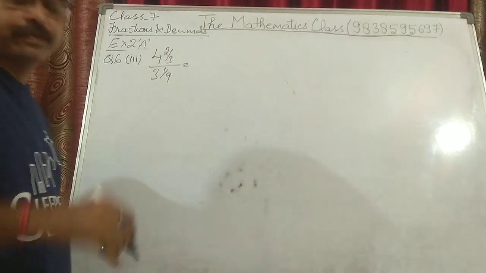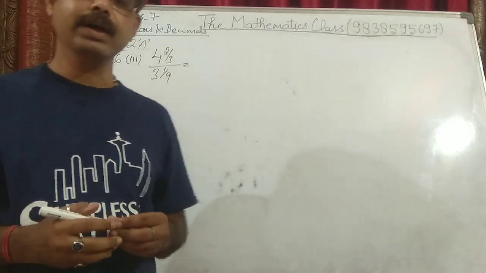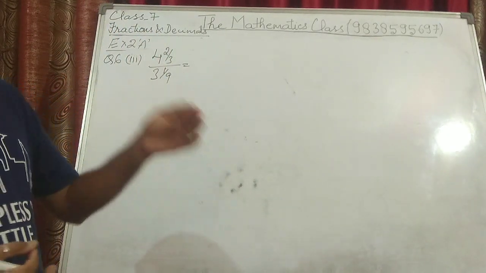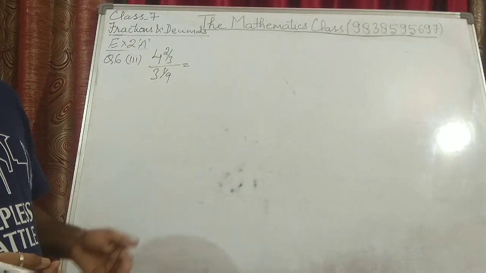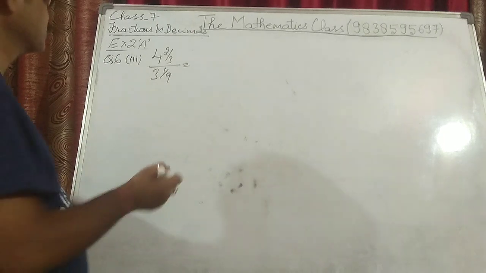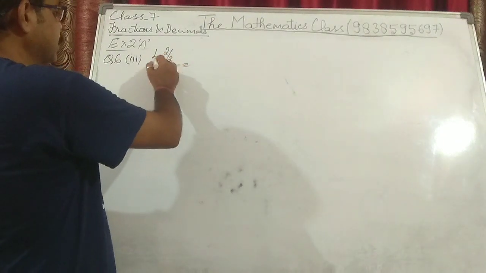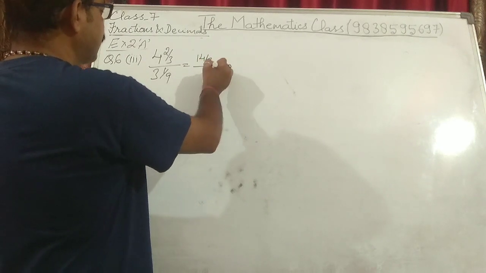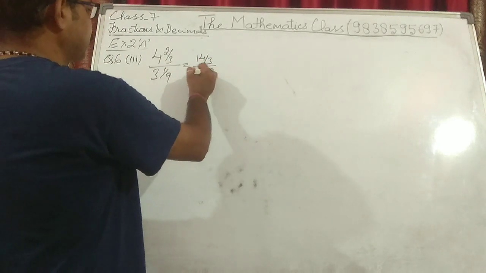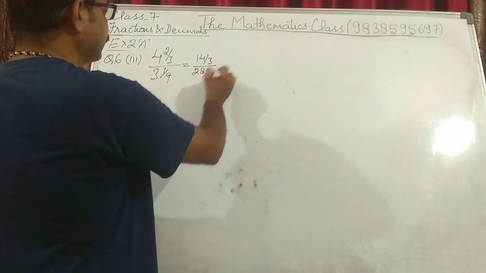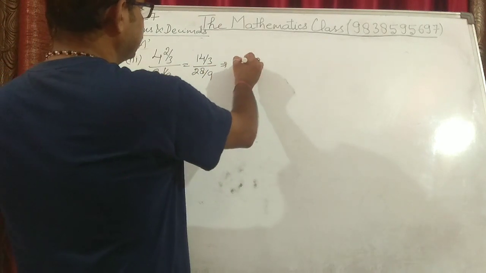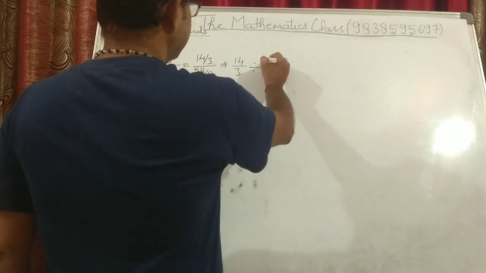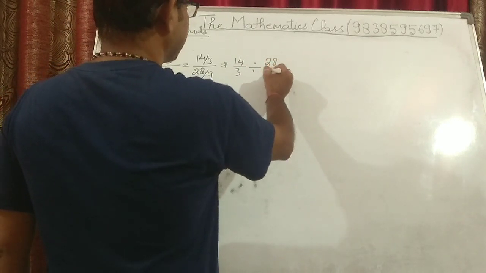So this is what type of fraction? This is a complex fraction, and just now we have discussed how to convert a complex fraction to a normal fraction. So first of all we can say 4 threes are 12 and 2 is 14. 14 upon 3, and 3 nines are 27 and 1 is 28 upon 9. Means 14 upon 3 is divided by 28 upon 9.